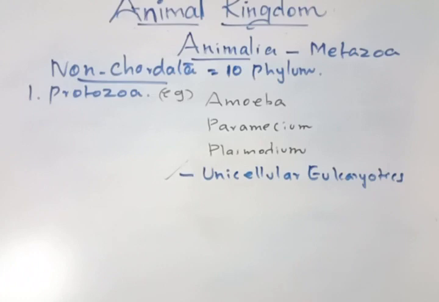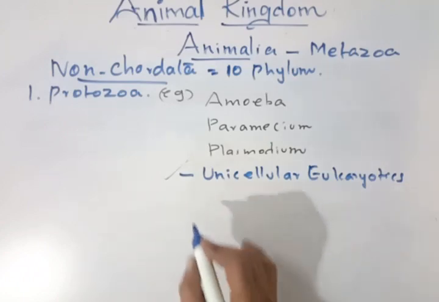Since they are unicellular, they are not placed in the kingdom called Animalia. Once upon a time it was there in the Animalia kingdom, but because of this unicellular nature, protozoa has been removed from this kingdom and placed into a kingdom called Protista.